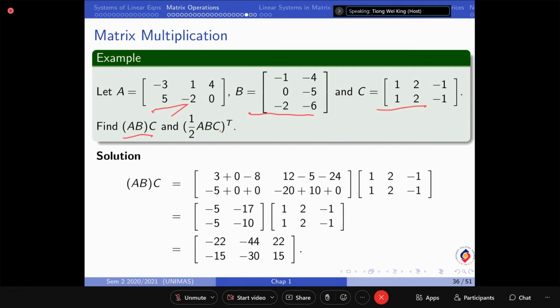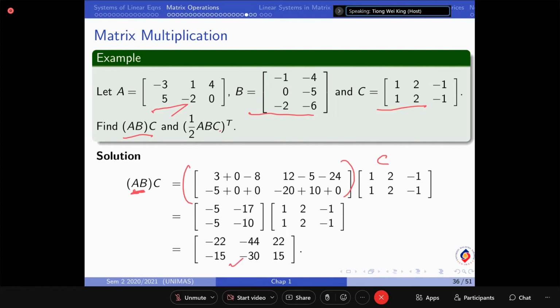The first one we look at is (AB) times C. Basically you do the matrix multiplication first for AB, and then this is C. Once you get AB, you multiply again with C, and then you get this.